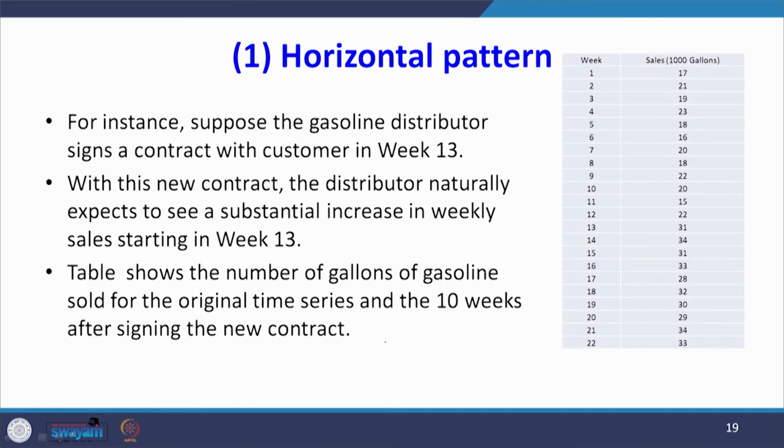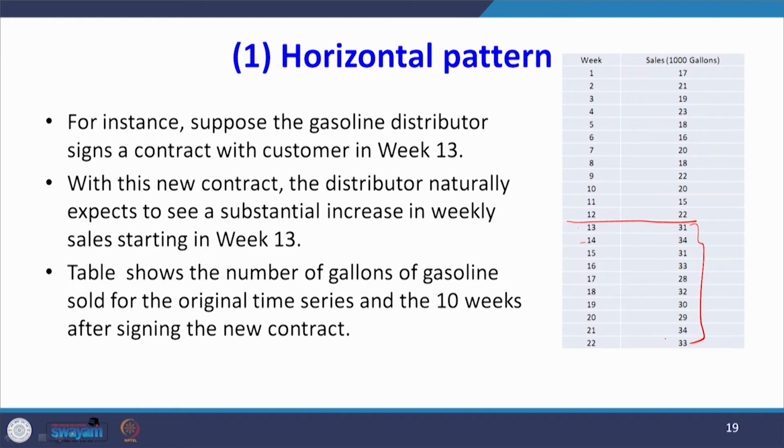For instance, so far we have drawn up to 12 weeks, and we found there is a level, meaning the mean is fixed. For instance, suppose the gasoline distributor signs a contract with a customer in week 13. With this new contract, the distributor naturally expects to see a substantial increase in weekly sales starting from week 13. Look at this, from week 13 onwards there is an increase in sales.